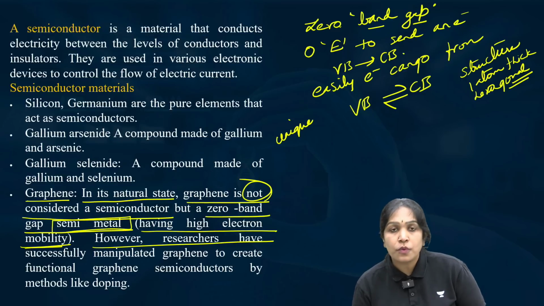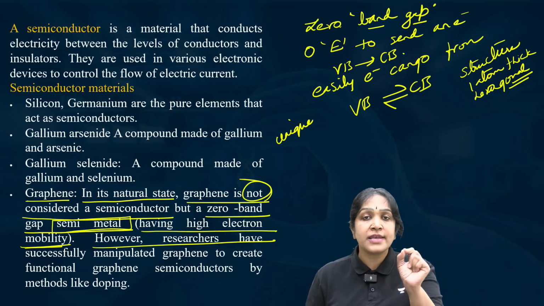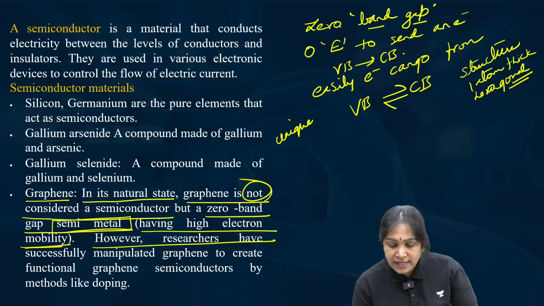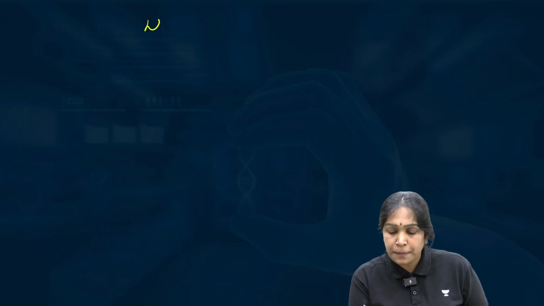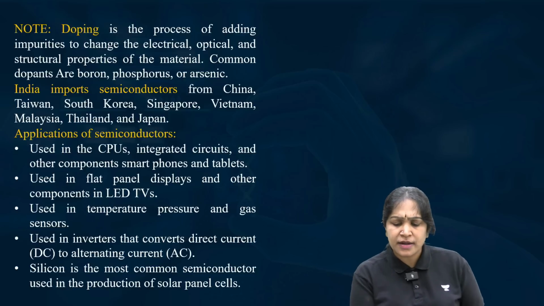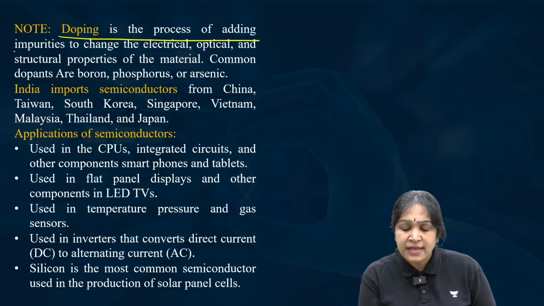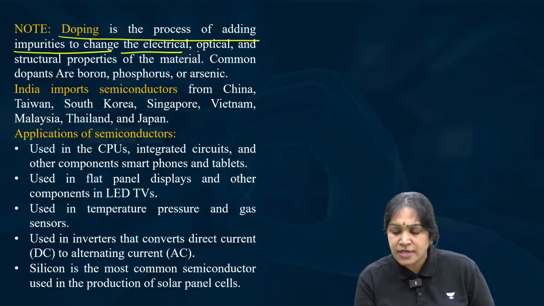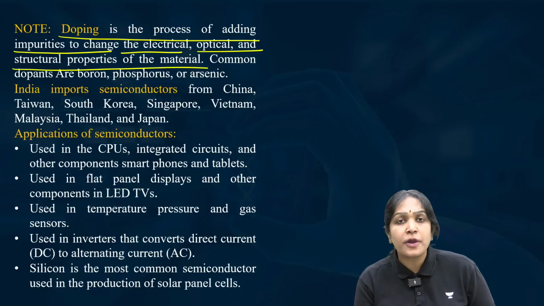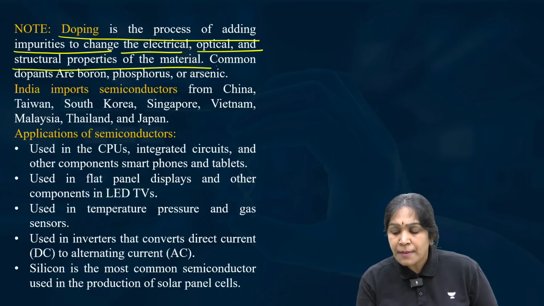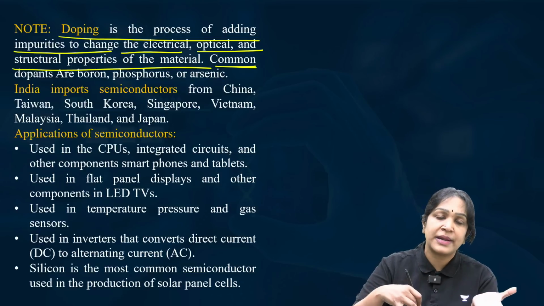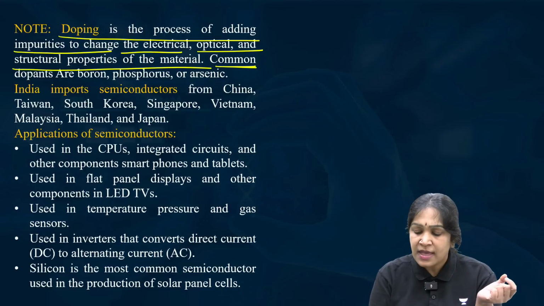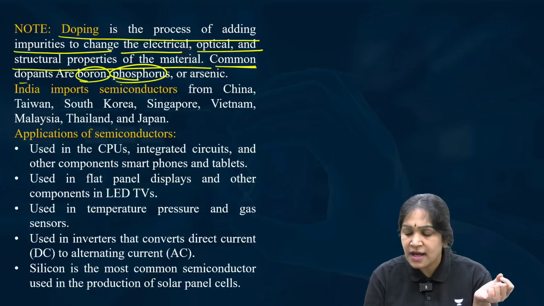But if you add some impurities to graphene, we call them dopants. Doping is a process of adding impurities to change the electrical, optical and structural properties of a material. The common dopants, those impurities which are added to convert a material into a semiconductor, are boron, phosphorus, arsenic.